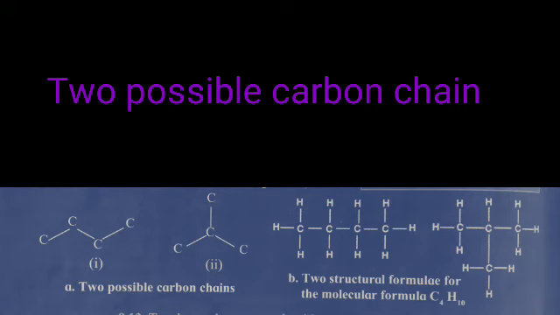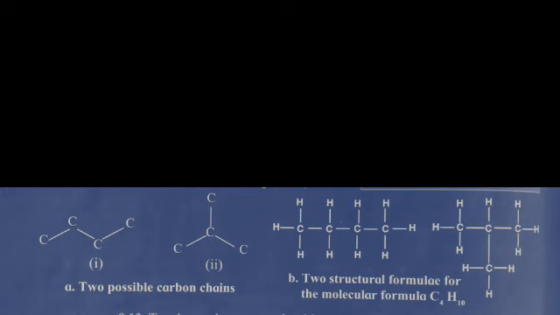Let us observe the chain in butane molecule. The 4 carbon atoms can be joined to form a carbon chain another way. Two different structural formulae are obtained on joining hydrogen atoms to these two chains so as to satisfy the tetravalency of the carbon atoms.